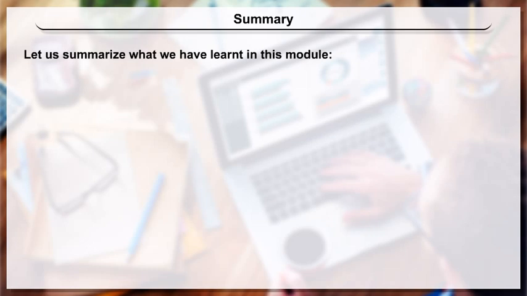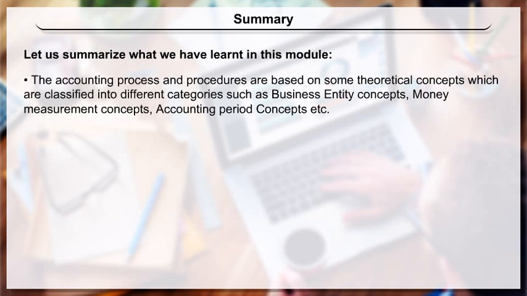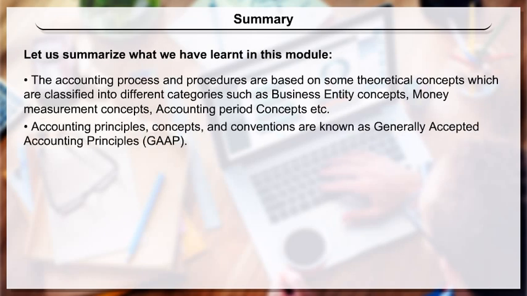Summary. Let us summarize what we have learned in this module. The accounting process and procedures are based on some theoretical concepts which are classified into different categories such as business entity concepts, money measurement concepts, accounting period concepts, etc. Accounting principles, concepts and conventions are known as Generally Accepted Accounting Principles, that is GAAP.